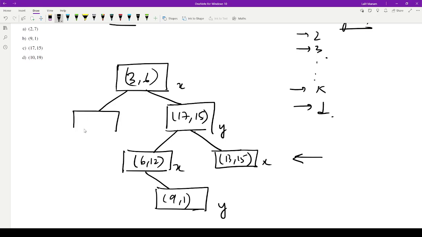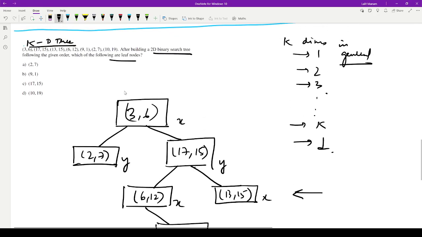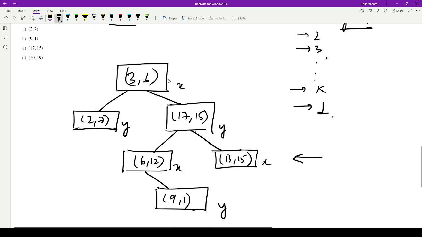Here, right? Reference is y. And 10 comma 19. 10 is greater than 3, so it will go here. 19 is right, and then 10 is less than 13, so it will go left. So it's 10 comma 19. Both of these are on the same level, so the reference is the y coordinate.